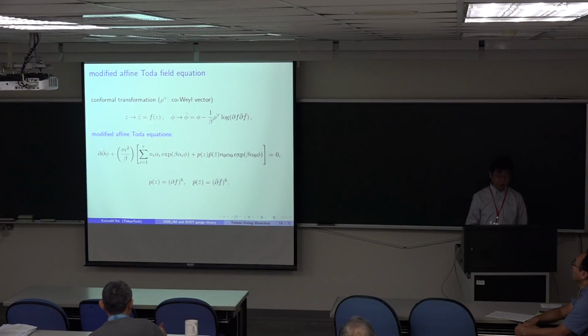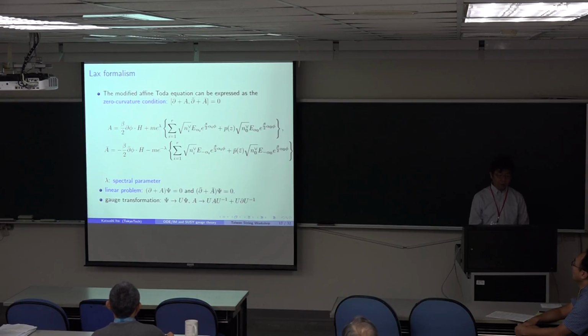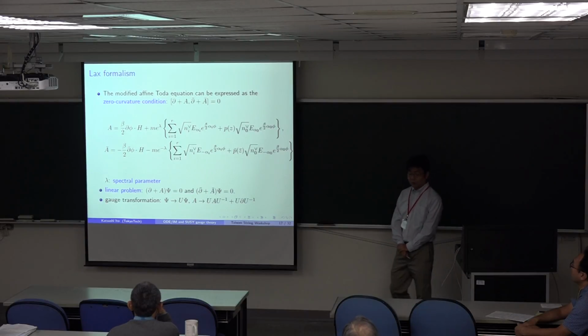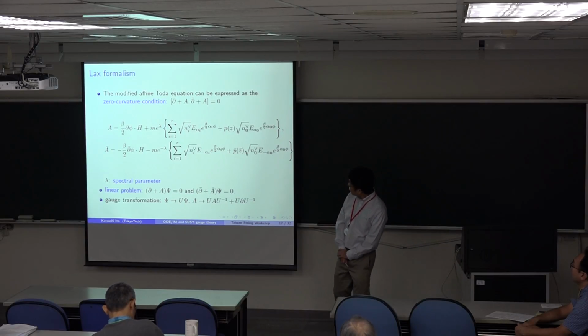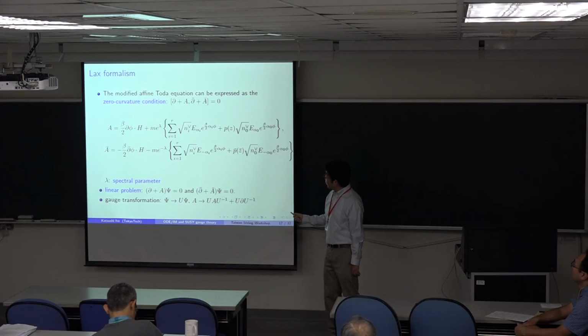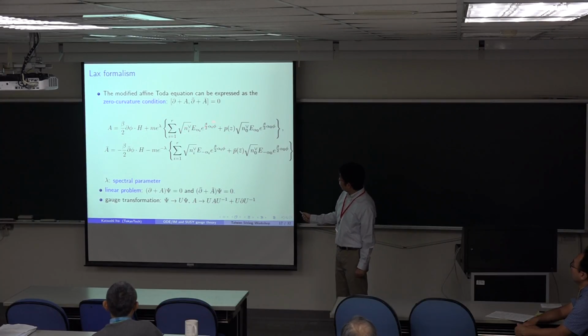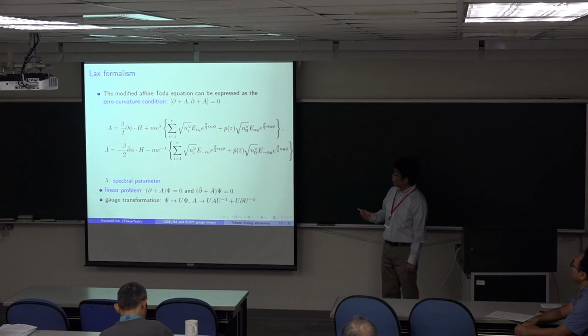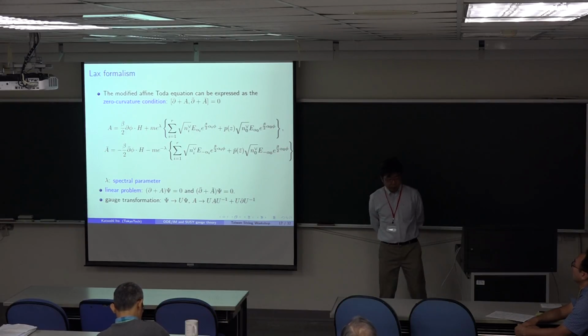Yes, that's right. So we have a Lax formalism. The modified affine Toda equation can be expressed as a zero curvature condition of the affine algebra. This is rather complicated, but with some generator with an exponential term, we can show that this zero curvature condition gives the modified affine Toda equation. So that is integrable.